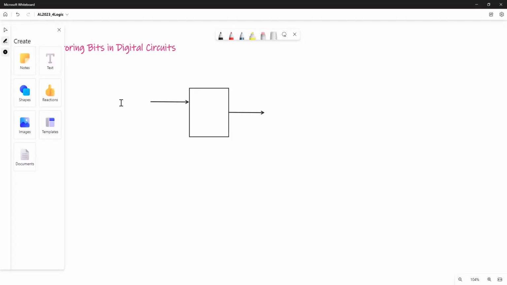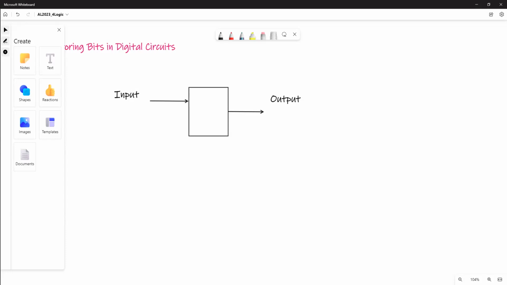So this is input, we can say, right? And then this is output. Right. Now, usually what we have discussed so far is a circuit like this. You have an input and you will also have some output.